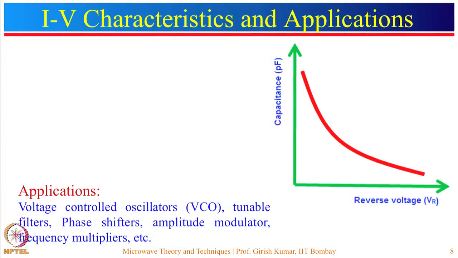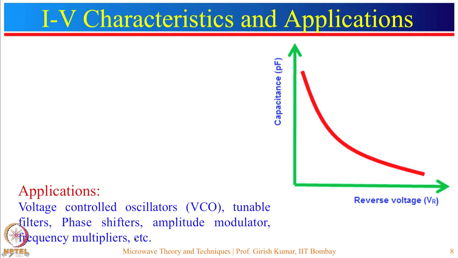In case of hyper abrupt doping profile, the capacitance variation range is relatively high, but it comes at the cost of low Q factor. Now, if I talk about the applications, these Varactor diodes can be used in various applications like voltage controlled oscillators, tunable filters, phase shifters, amplitude modulators, frequency multipliers, etc.